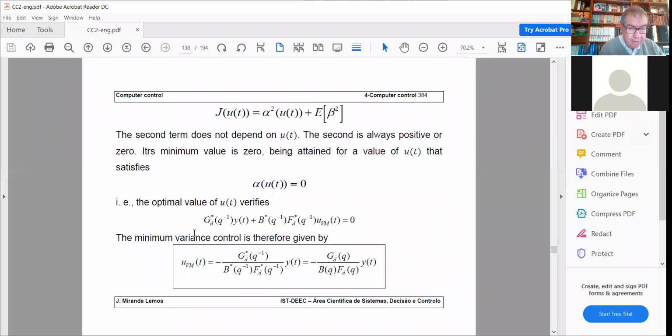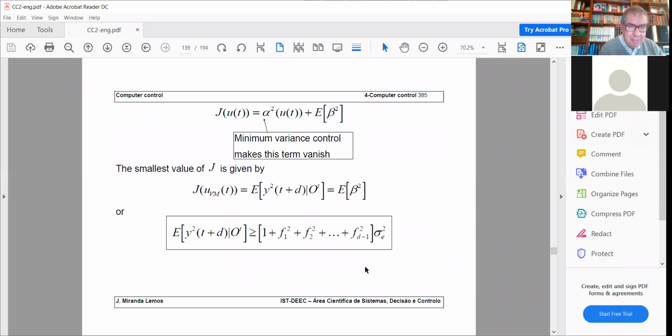After I have G and F, I compute this filter, which is my controller. It can be written in the backward shift operator or in the forward shift operator. And the best closed loop variance is given by the sum of the squares of the coefficients of polynomial F times the variance of the noise.